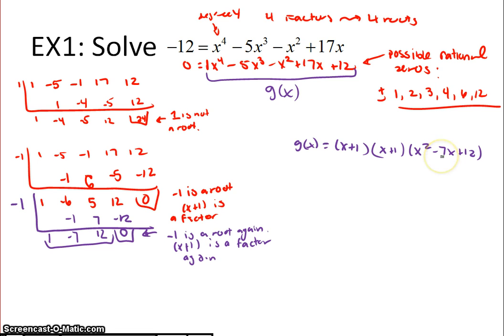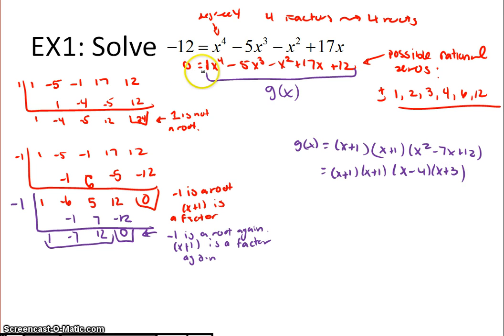Once you get down to a quadratic, you can use whatever quadratic method you prefer: quadratic formula, factor by foiling, factor box method, or completing the square. But this factors simply. Bring down my x plus 1, and then this factors as x minus 4, x plus 3.